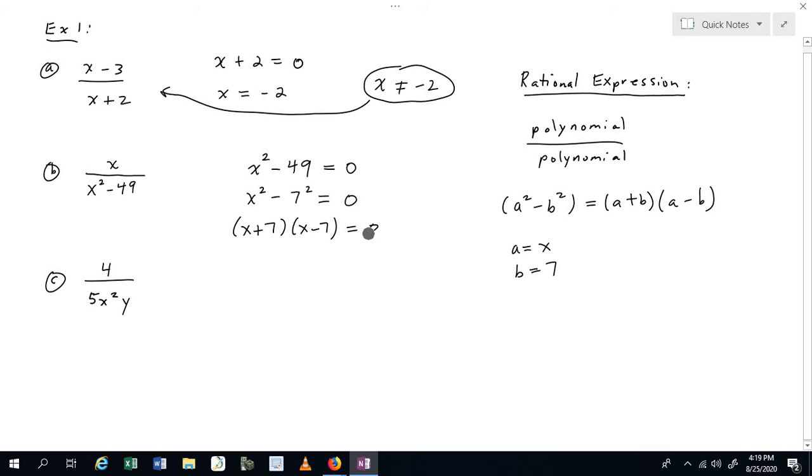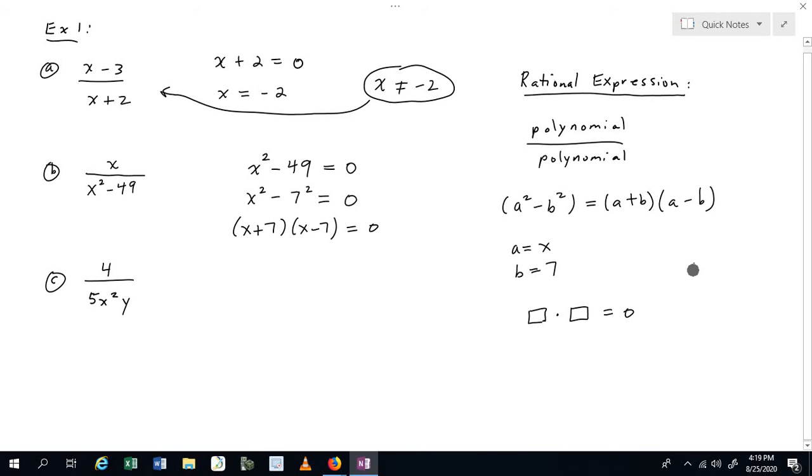And then if you solve this for x, what's happening here is we've got two numbers that multiply to 0. So just imagine taking two numbers and multiplying them up and getting 0 out. If this is going to happen, I claim that one of these numbers would have to be 0.